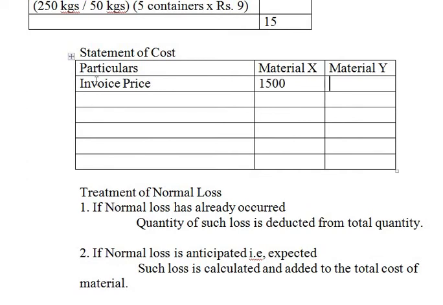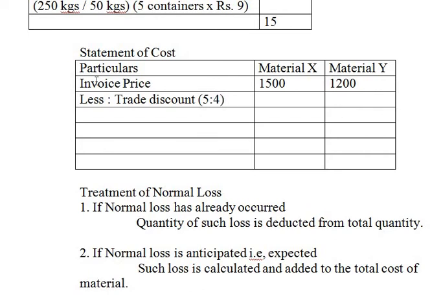Go through the chart, you will get it there. Material Y is 1200. From this we need to deduct less trade discount. Trade discount should be distributed in the invoice ratio, so the ratio is 5:4.